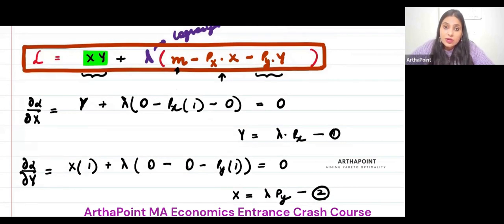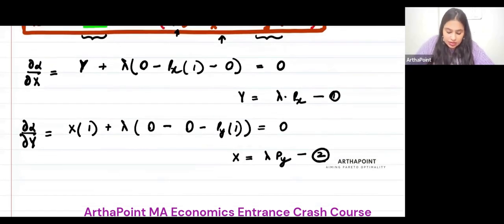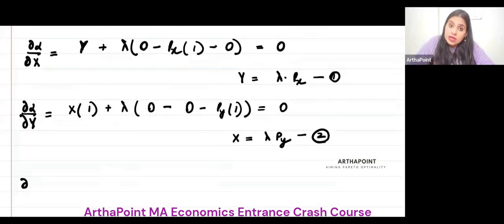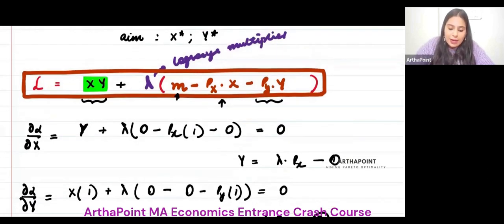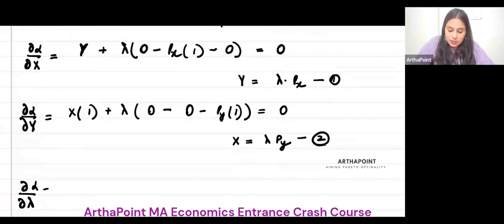Always you will follow the same technique in Lagrange. Then step number 3, you will differentiate this with respect to lambda. When you differentiate this with respect to lambda, differentiation of lambda will be 1 and everything coming with it will come as it is.